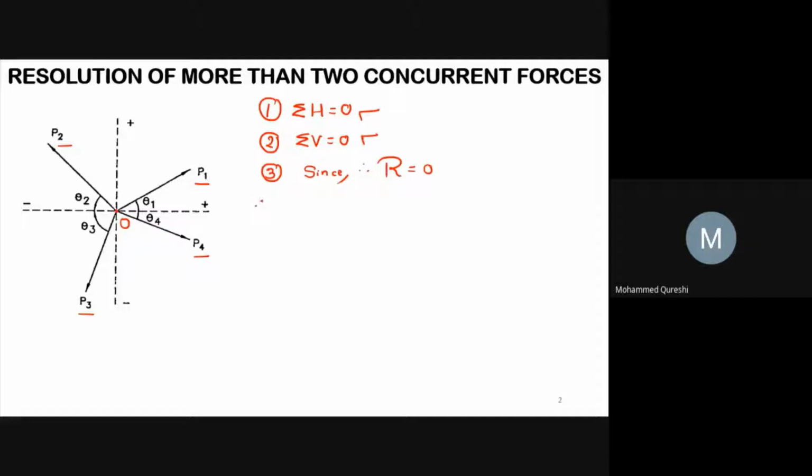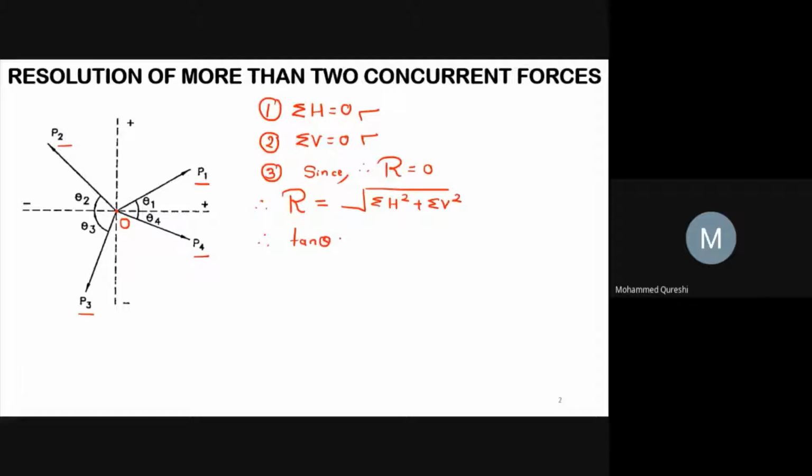So we may write that the resultant of all the forces, capital R, equals the square root of sigma H squared plus sigma V squared, and we may find the magnitude by this method.